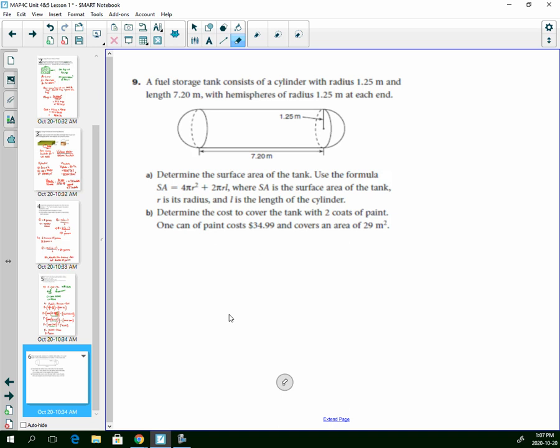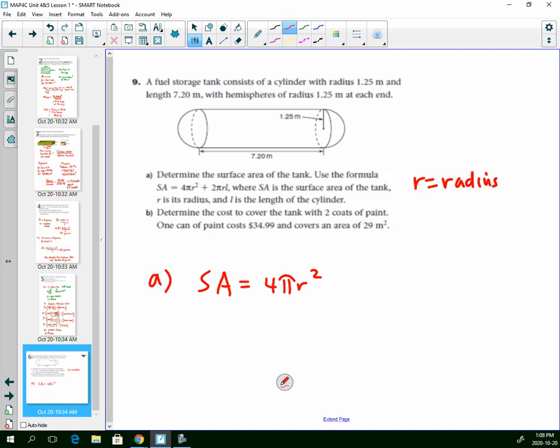So it gives you this formula. So you don't have to figure it out. So surface area is 4 pi r squared, where r is the radius, plus 2 pi r L, where L is the length of the cylinder.